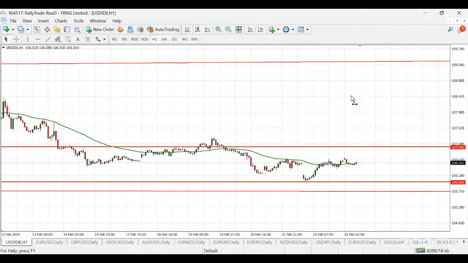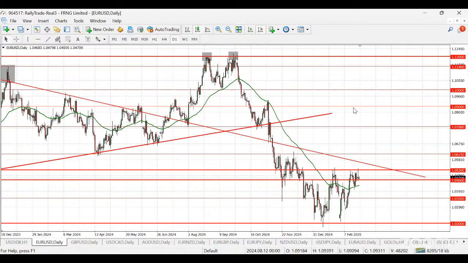So let's check what it looks like on 1 hour. So on 1 hour, like I said, we have price stuck between 1.052 and 1.046, because price is at support.